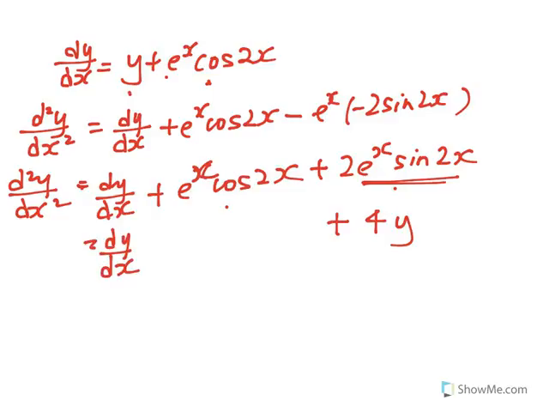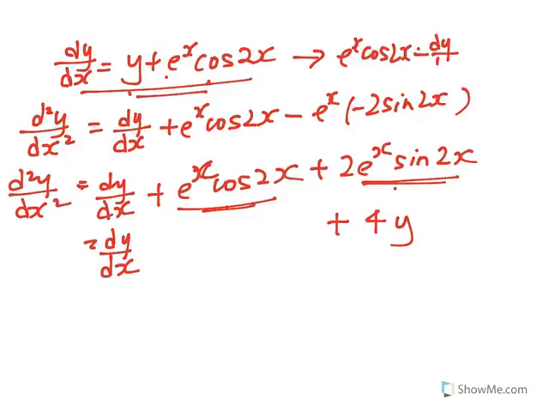What is e to the power x cos 2x? Can we say that e to the power x cos 2x is equal to dy/dx minus y? Okay, so e^x cos 2x is the same as dy/dx minus y. Oh sorry, this is a plus.